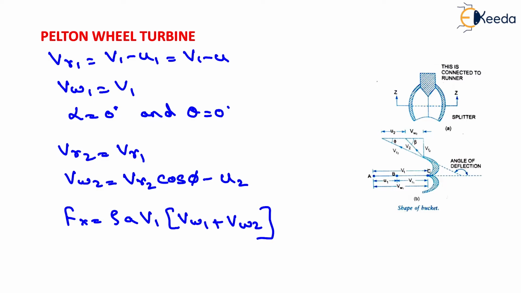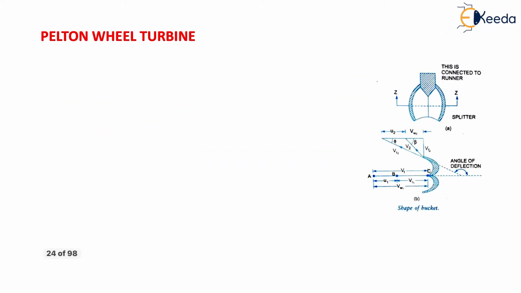Also, this is the case of a series of vanes, so the mass of water striking is rho a V1 and not rho a VR1. So the area of jet, that is small a, will be equal to pi by 4 into d square, where d is the diameter of jet.